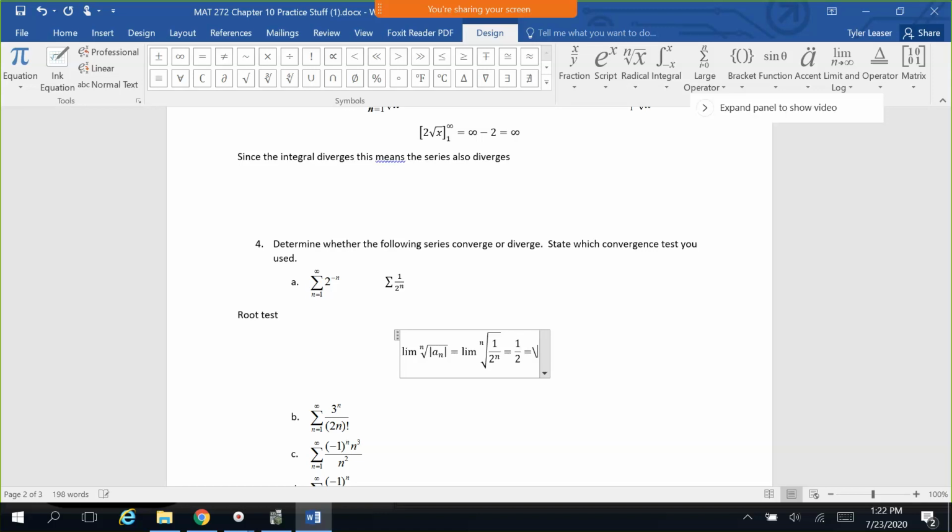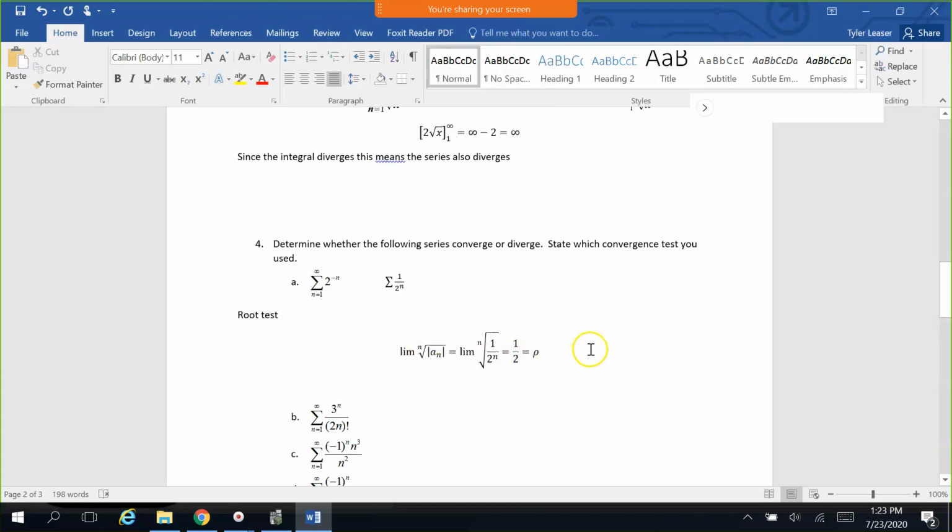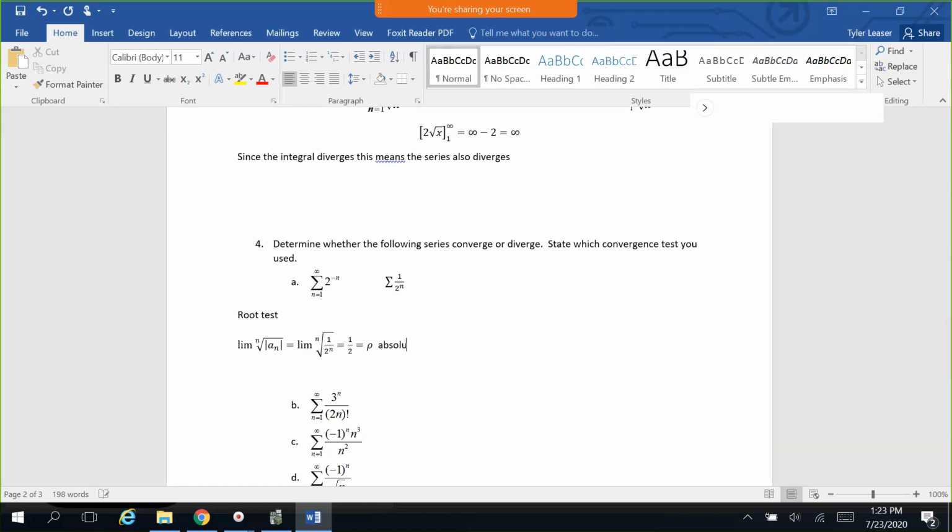Remember that both the ratio test and the root test, whatever the limit comes out to be, we call rho, that funny looking p. And then depending on what this rho is, tells us the convergence of the series. If the rho is less than 1, which is what we have here, that means that we have absolute convergence.